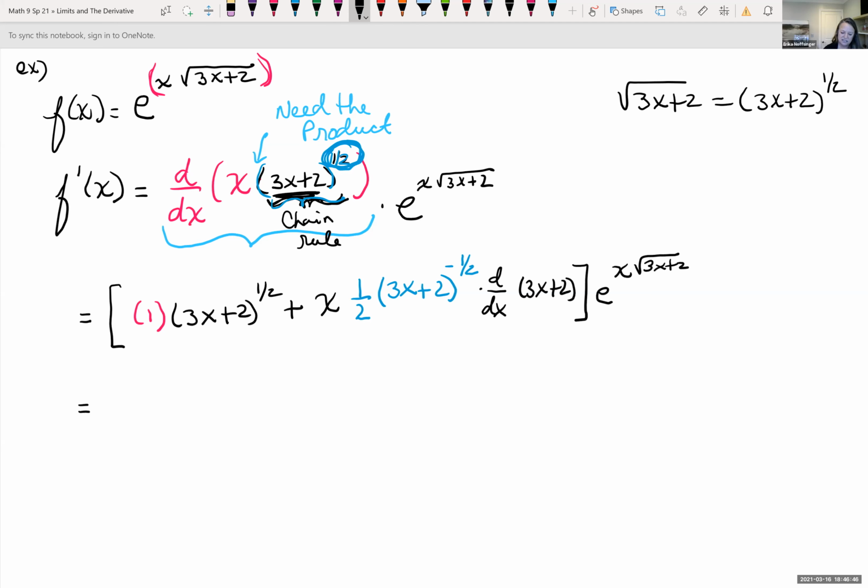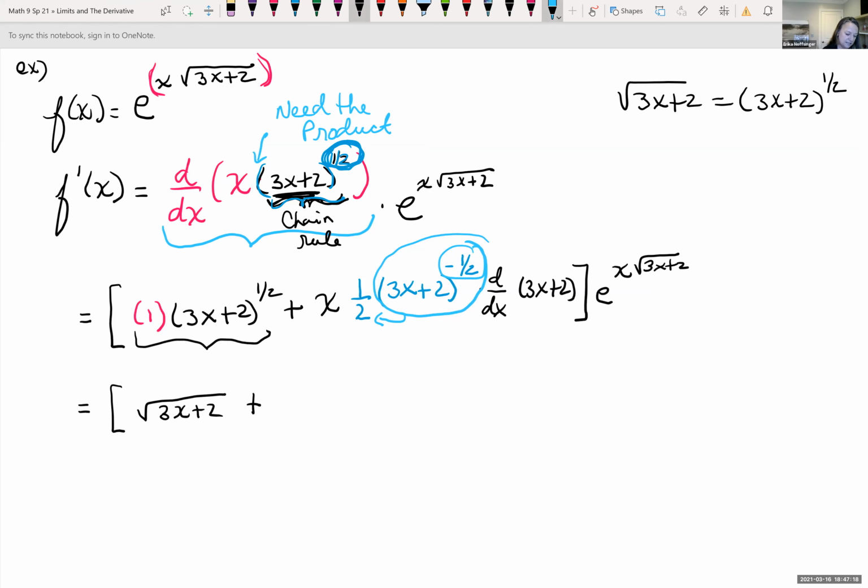As we do this, let's clean it up. Looking at this first grouping, instead of rewriting it with a 1/2 power, I know that's the square root. So 1 times the square root of 3x plus 2, plus, I have a negative exponent, so I'm going to rewrite this by bringing it down to the denominator and making the exponent positive.